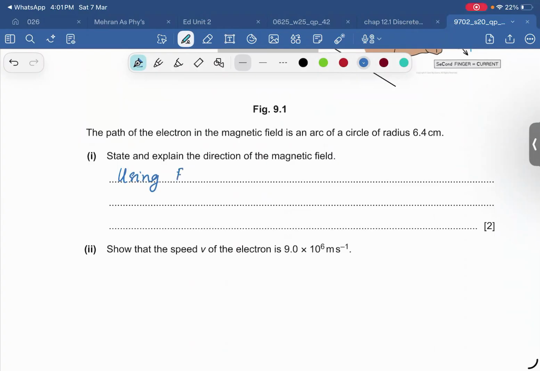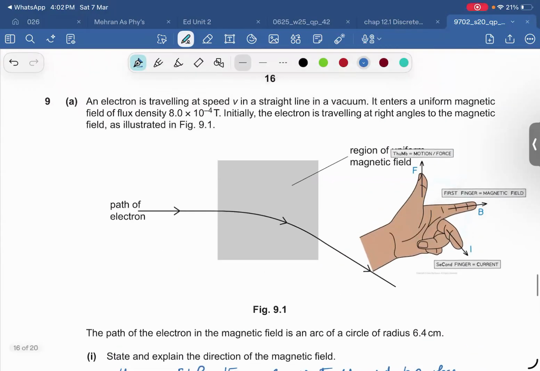So we can say that using Fleming's left hand rule, the current should be from right to left, which is the opposite direction of the flow of the electron.